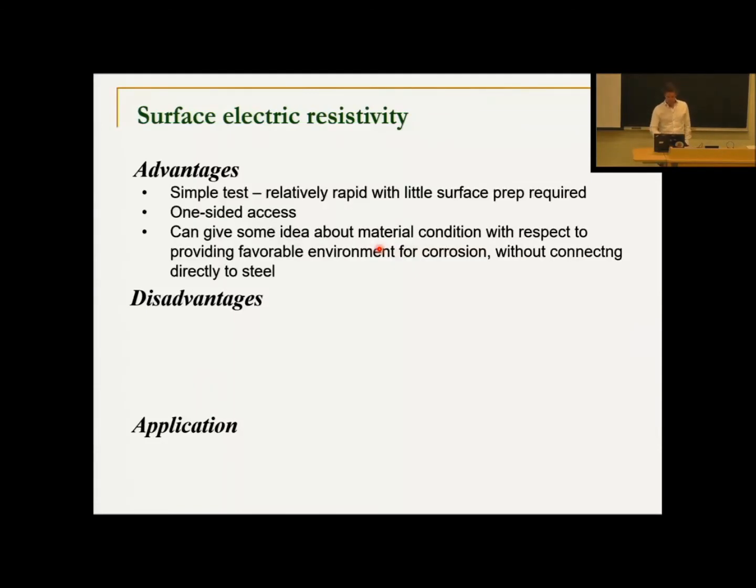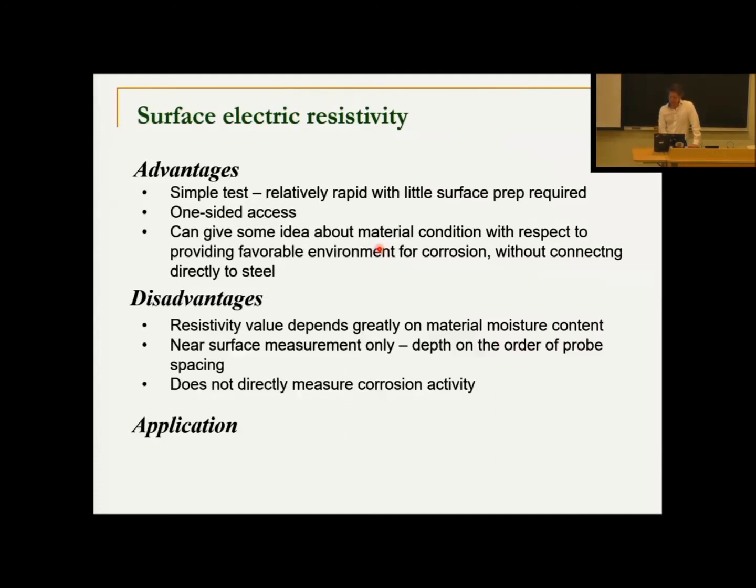So resistivity is a very simple test, relatively little surface prep, one-sided, and it gives some information about the condition of the material that can be related to the durability, especially related to corrosion, right? But it's a highly variable number. It depends on moisture content.